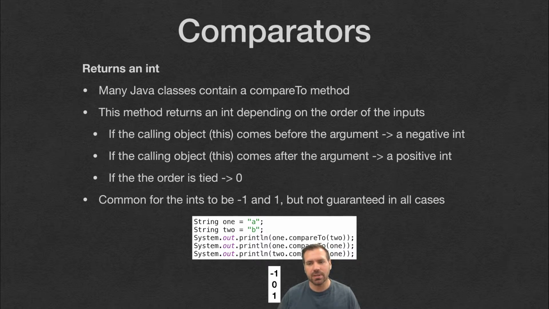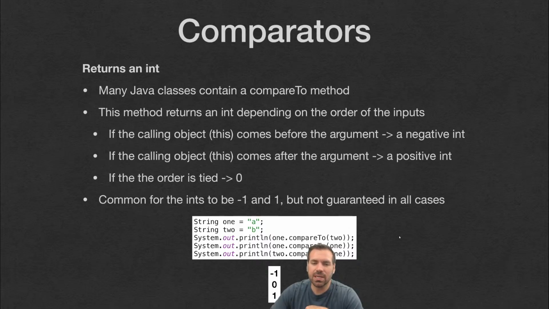This is a trap every programmer falls into at least once, myself included, where you'll write code that says, if compareTo equals -1, do this, else if it equals 1, do this, else it must be 0, so do something else. It's not guaranteed that all compareTo methods will return -1, 1, and 0, even though a lot of them do just by convention. It's just the way they're coded. When you write compareTo methods, sometimes you'll write them to do the same thing. And that's fine, but when you're using a compareTo method, it is a negative integer, a positive integer, and 0.